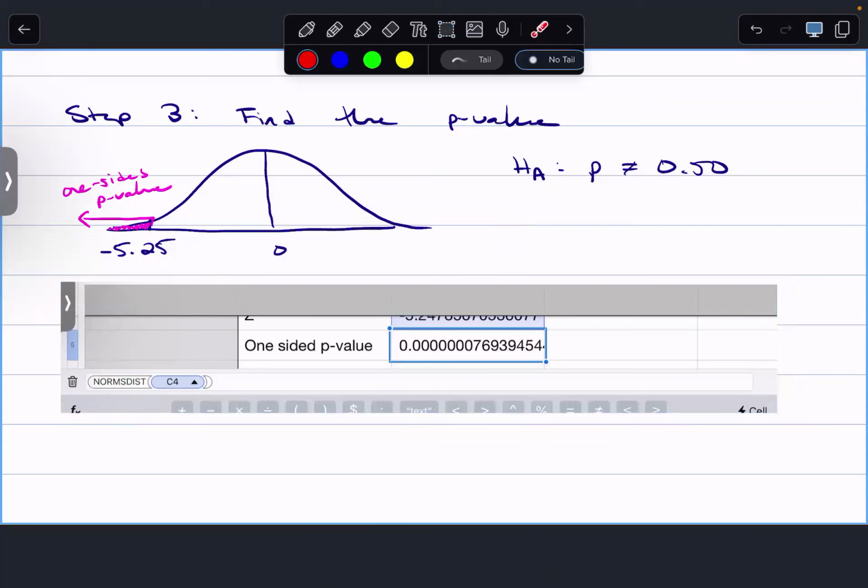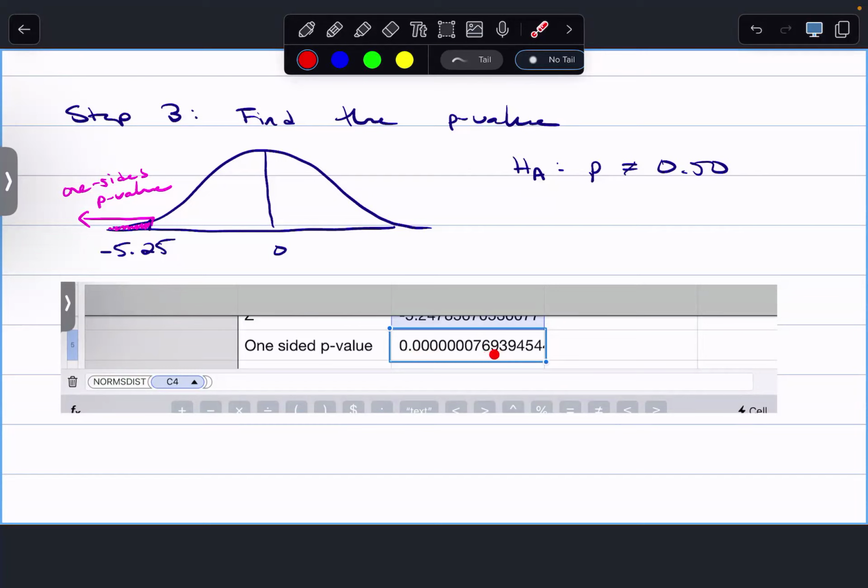I guess I should have done the two-sided already. So this is very, very, very small, which matches 5.25 being very far away, right? And so now we have this probability, the probability of seeing a sample proportion of 41%, if it was actually centered on 50%, well, it's this small, right?